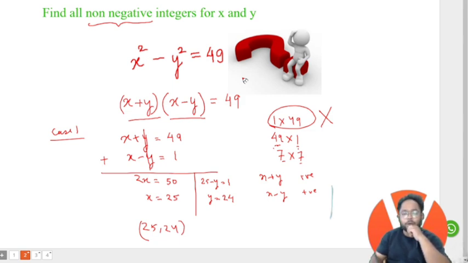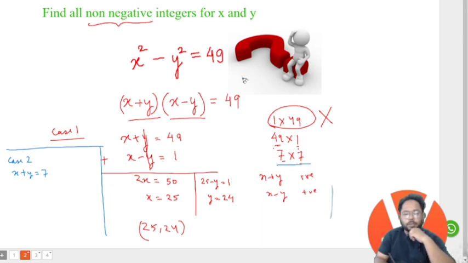Now let's look into case 2. Let's say we are taking up another case. Case 2 can be taken as x plus y equal to 7, taking as a positive.